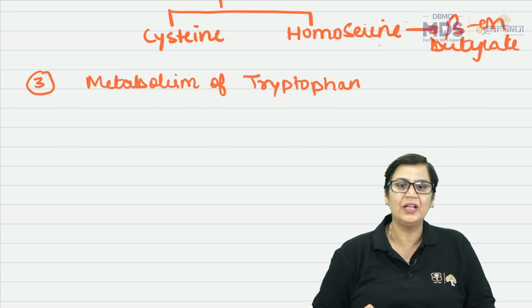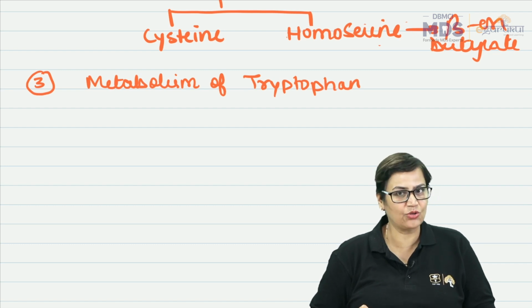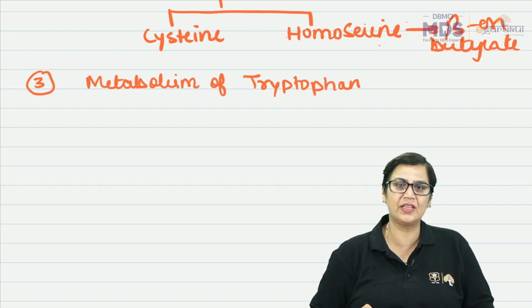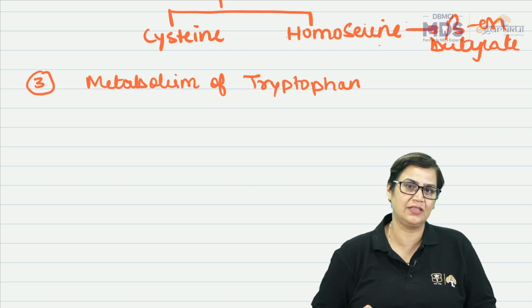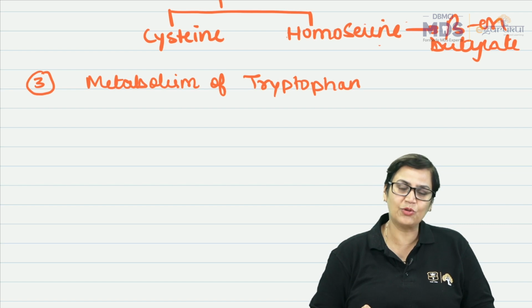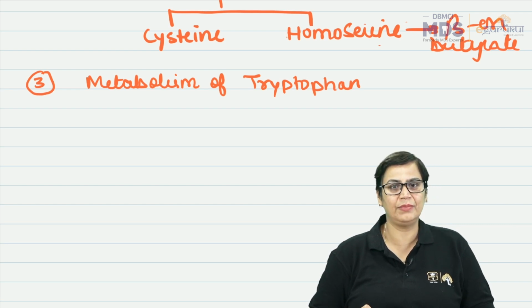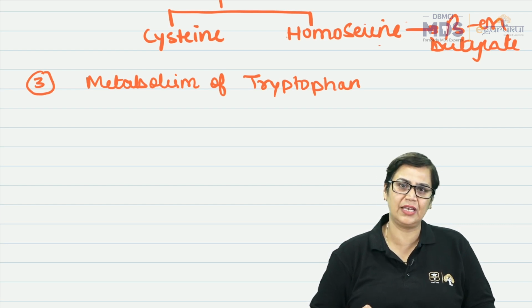Just now I told you that tryptophan undergoes two different pathways. One is the serotonin pathway, where it leads to the synthesis of serotonin. Second is the kynurenine pathway, where it leads to the synthesis of niacin.